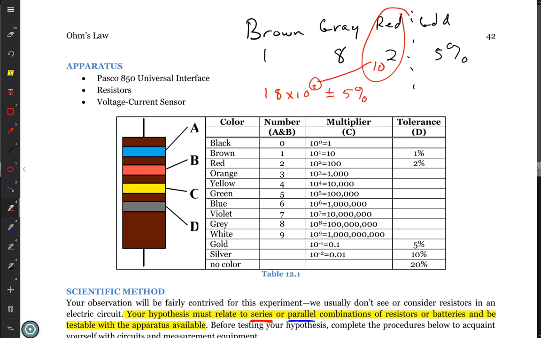So you're going to need to make sure you pay attention to the colors. For your test, you're going to have to grab a second resistor. Make sure your second resistor does not have the same color code. It needs to be a different color code. So you need to write down the color code.